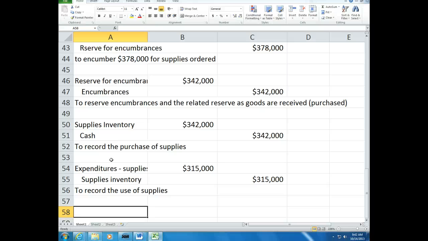So how much did we use versus how much did we purchase? What's the difference there? 27.